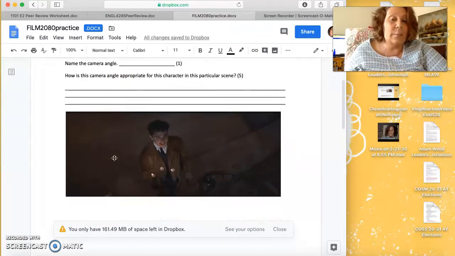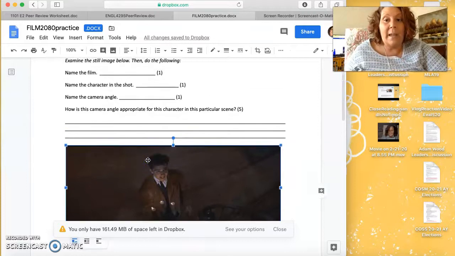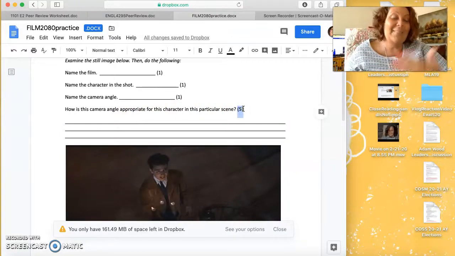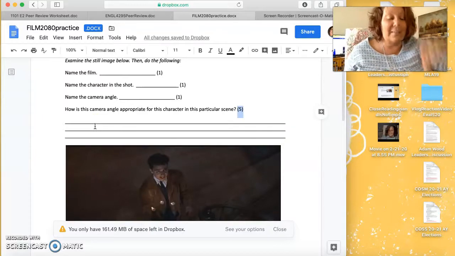This is, and I would take two answers here, an aerial shot or a bird's eye view camera angle. And then of course, they would spend the most time, and therefore get the most points, you can see, just considering this was a practice for a test, on describing, applying here, how is this camera angle appropriate for this character in this scene.